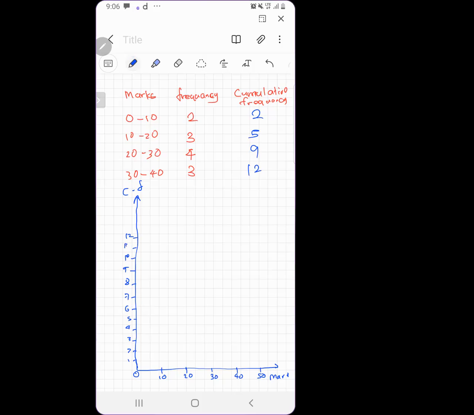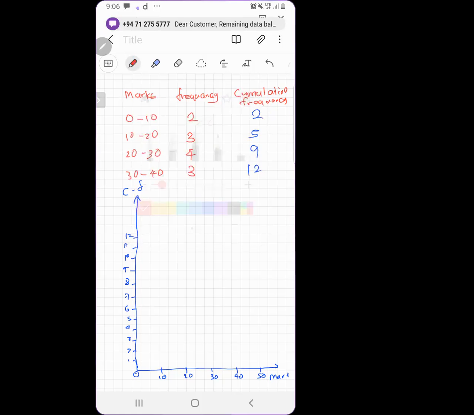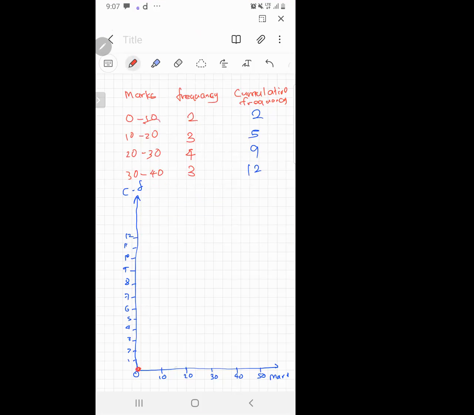So it starts from 0, then upper limit is 10, value is 2. 20 and 5. And 30, it's 9. And 40, it's 12. Right.